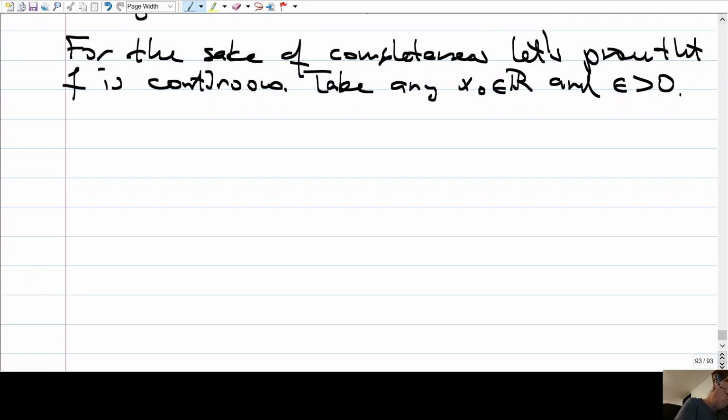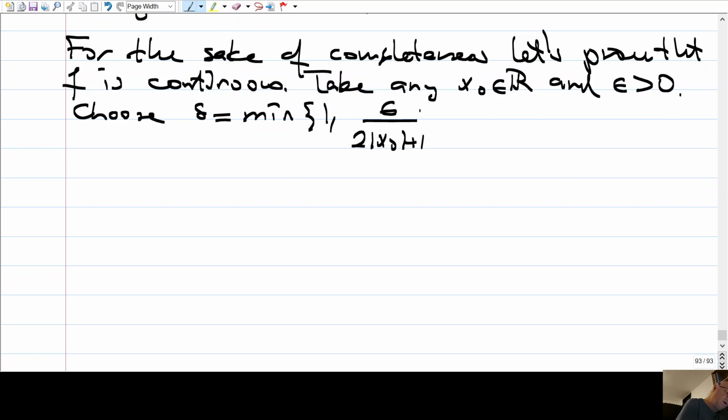I am given x0 and epsilon. Okay, choose delta to be what? Delta to be epsilon over 2 times x0 plus 1. Okay, minimum of 1 and epsilon over 2 times x0 plus 1.